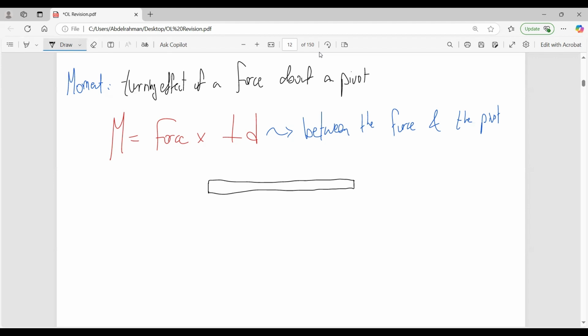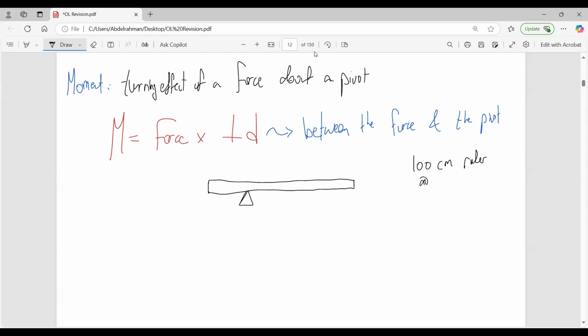For example, if I have the pivot at this point, and I'm saying that this is, let's say, a 100 centimeter ruler. Whenever I say it's a 100 centimeter ruler, the center of mass would be acting exactly at the middle, at the center of this ruler, which is at 50 centimeters.